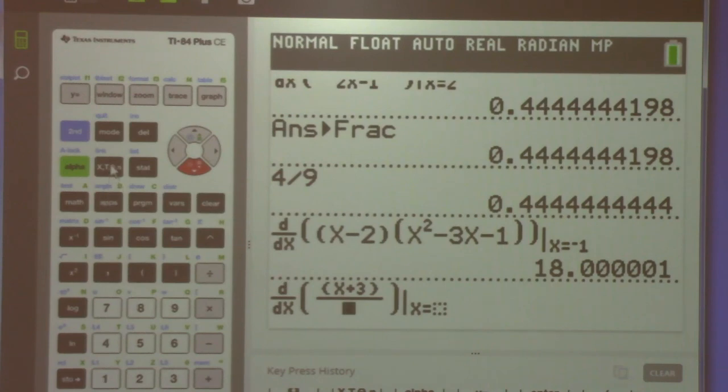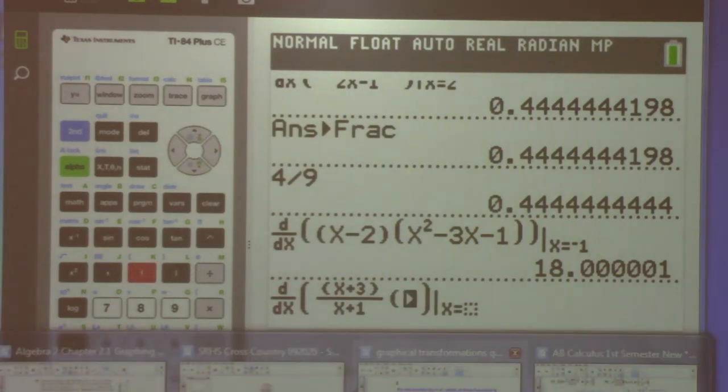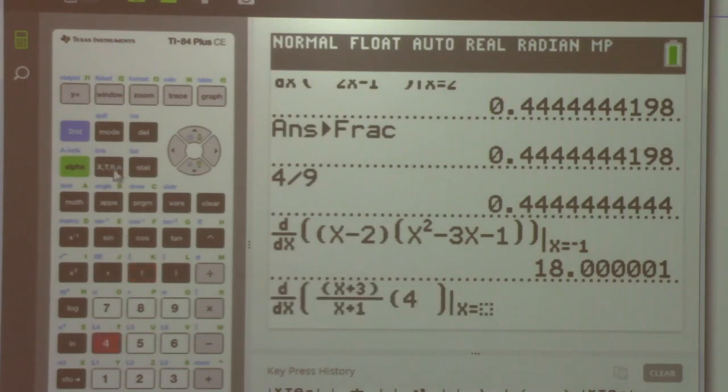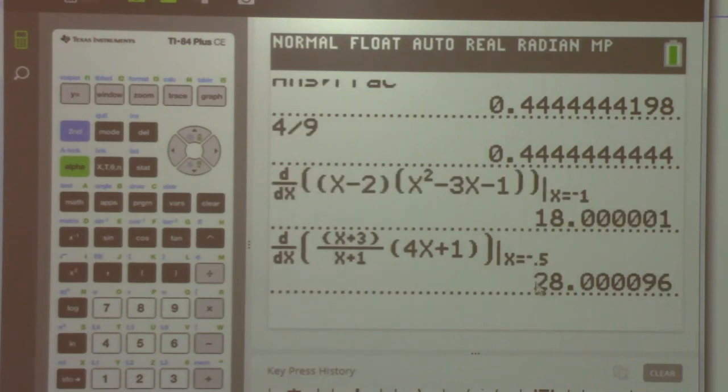Over x plus 1. And I'm going to come up here and multiply by, what is that? 4x plus 1. And then go here and put x equals like negative 1/2. Yeah. And again, it's that same little rounding thing, but that's right.